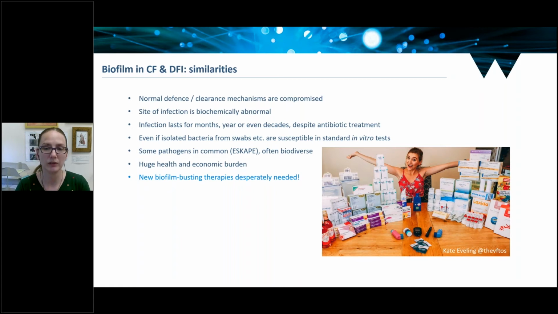And if that happens and you have a recurrent ulcer, there's a 50% chance of mortality within 5 years because that infection can spread and cause sepsis. And the way to stop that happening is for the person to have an amputation, which is life-altering. So we desperately need new and improved biofilm breaking therapies for both cystic fibrosis and diabetic foot infections. This is why we study them in my lab.